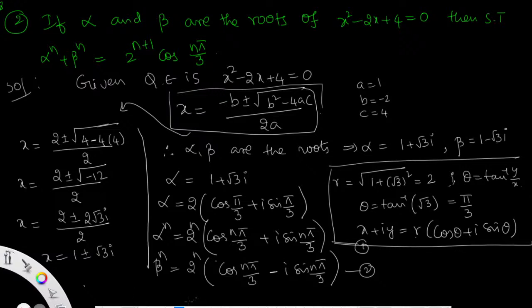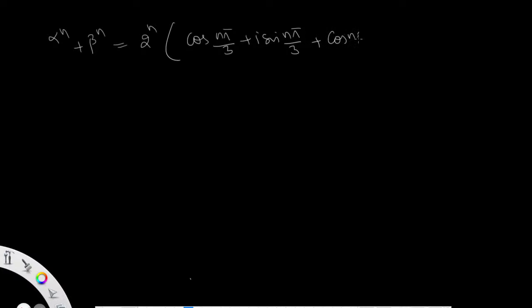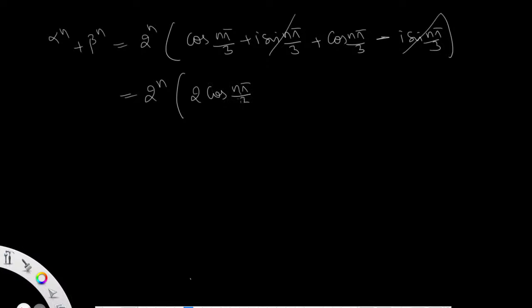Then by adding, alpha power n plus beta power n is 2 to the power of n common, cos n pi by 3 plus i sin n pi by 3 plus cos n pi by 3 minus i sin n pi by 3. Then sin terms will be cancelled, 2 to the power of n into 2 cos n pi by 3. Then bases are equal, powers should be added, that is 2 power n plus 1 into cos of n pi by 3. So that's all.